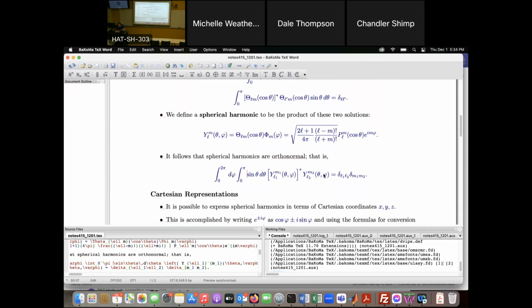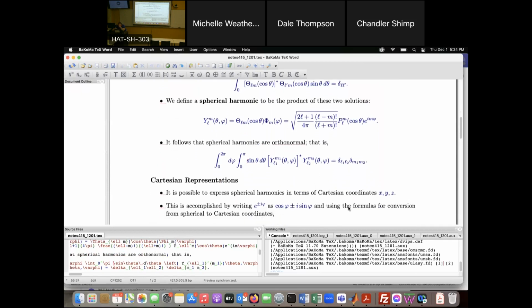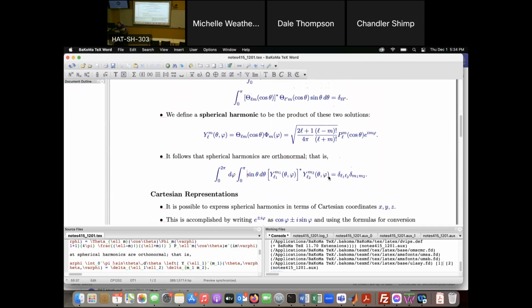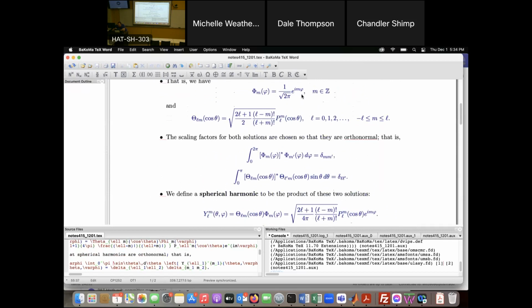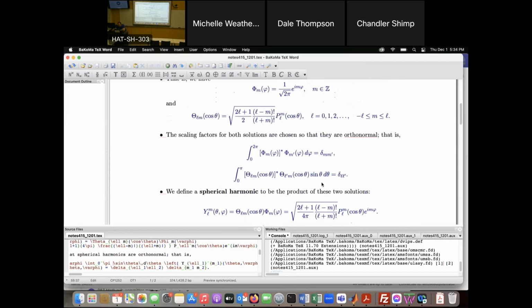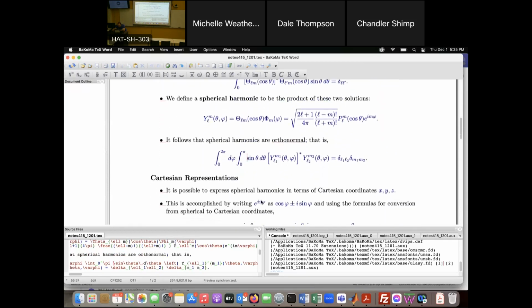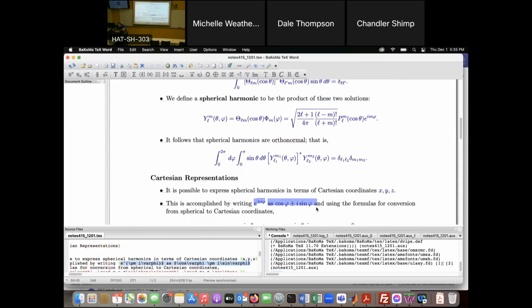Now, while the spherical harmonics are functions of these two spherical coordinates, if we want, we can express them in terms of Cartesian coordinates x, y, and z. The way to do that is, because here we have this complex exponential, we express that in terms of a cosine and sine of m phi. That's all I've done here.